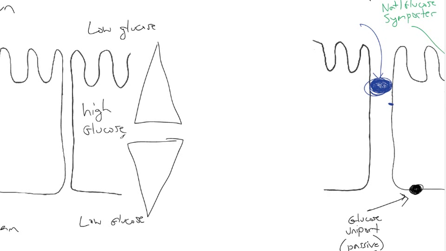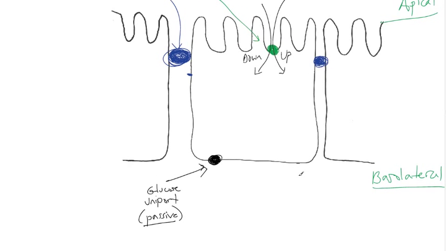Glucose is high on the inside of the cell and low in the bloodstream under starvation conditions. So therefore, glucose will move down its concentration gradient through the uniporter into the bloodstream. So this is going down the concentration gradient.